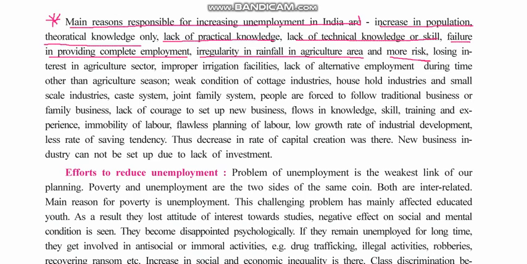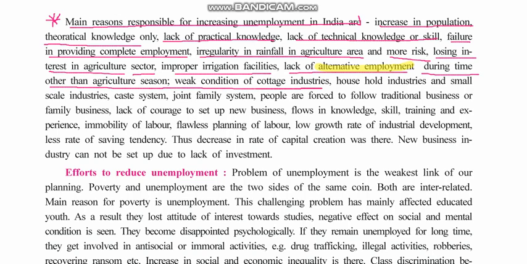More risk, less interest in the agriculture sector, improvement needed in irrigation facilities, lack of alternative employment. This is also one of the reasons, as we had seen about seasonal unemployment. There is no alternative employment available during the time other than the agriculture season.